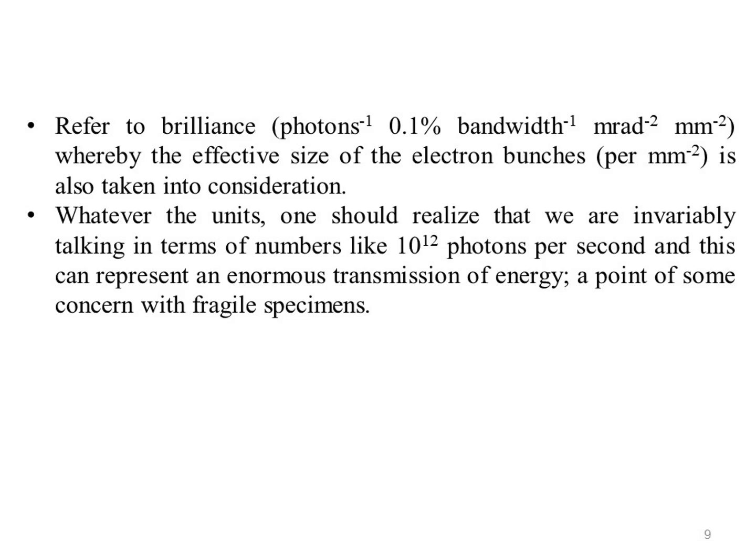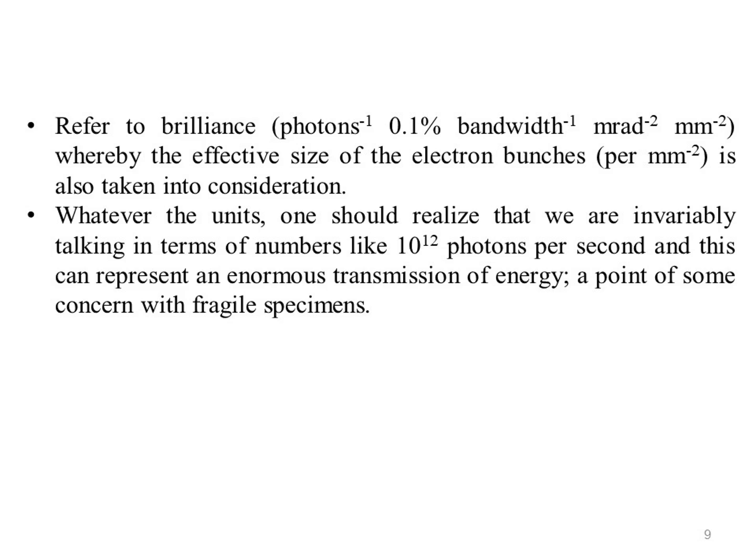Whatever the units, one should realize that we are invariably talking in terms of numbers like 10 to the 12 photons per second, and this can represent an enormous transmission of energy, a point of some concern with fragile specimens.